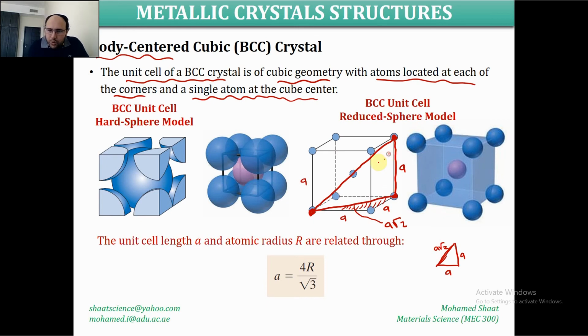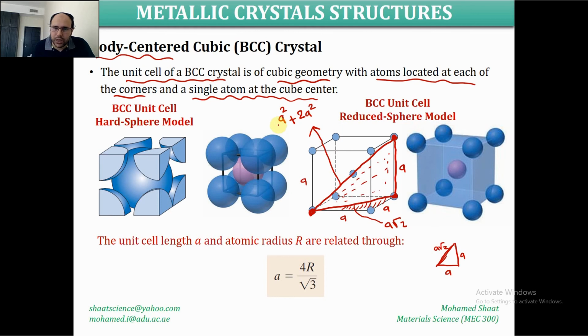So we still need to work over this big triangle, right? You do have one edge with a length of A square root of 2 and the other edge with a height A. So what should be the hypotenuse of this triangular shape? Definitely this one will be A squared plus this edge squared, which is going to be 2A squared plus A squared, because the square of this square root is going to give us 2.